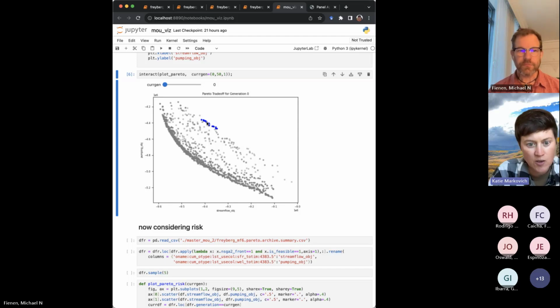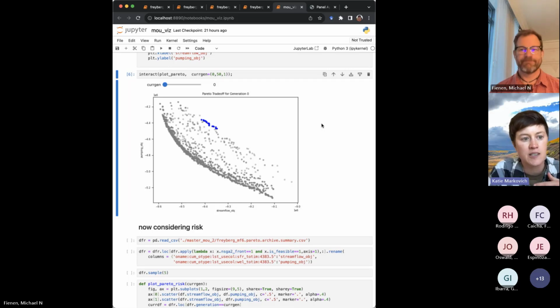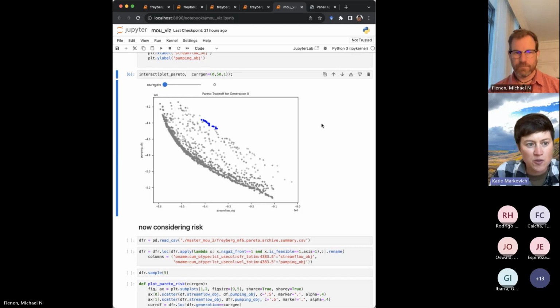Just like that, with MOU, if you do not have feasible members in your population, and ideally a handful of them, there's nothing to optimize, right? If your initial population has nothing feasible, it will error out and give you nothing. So that first loop is often one that you have to do quite a lot to balance allowing some wiggle room for your decision variables, but also making sure that you will have feasibility at the start.